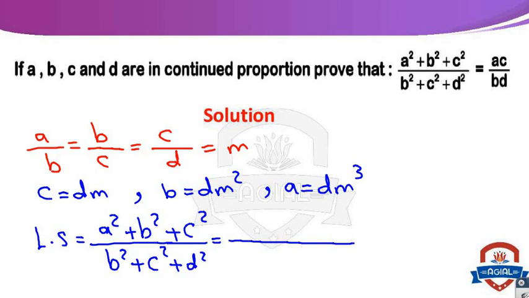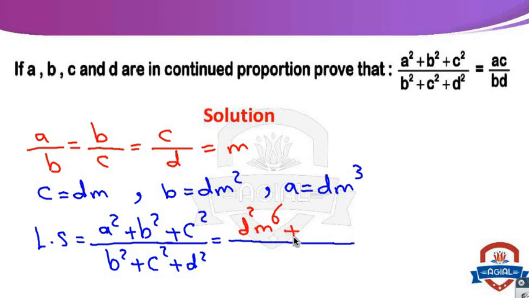A squared equals what? A equals DM to the power 3, so DM to the power 3 squared equals D squared M to the power 6, plus B squared equals what?